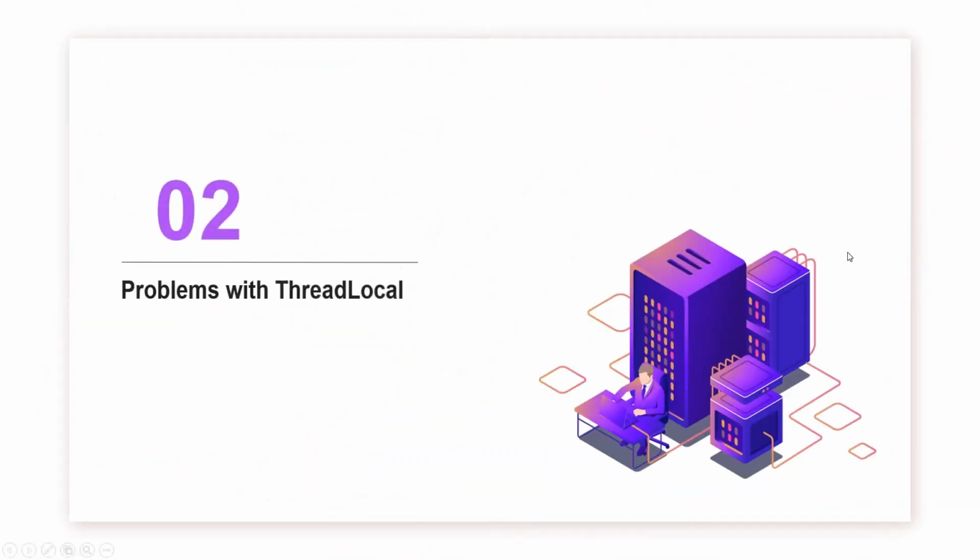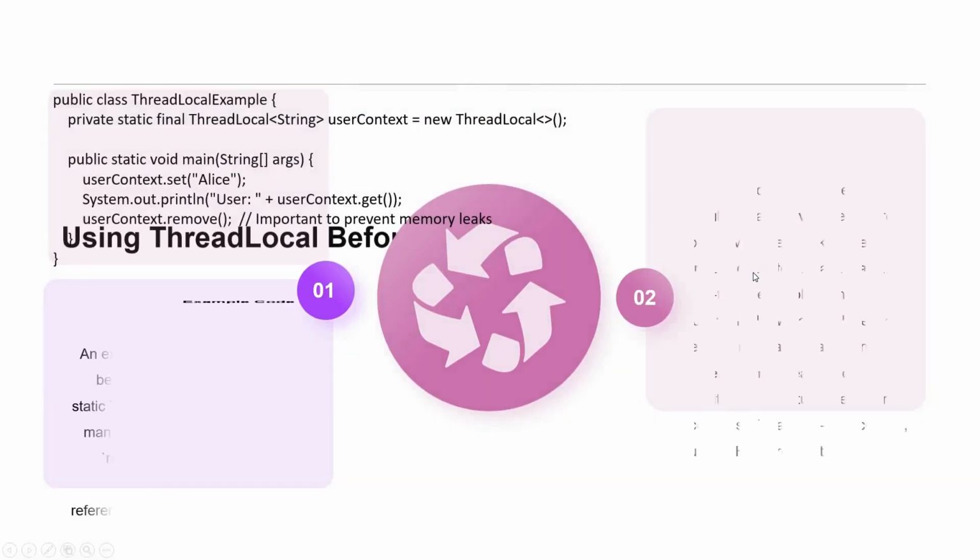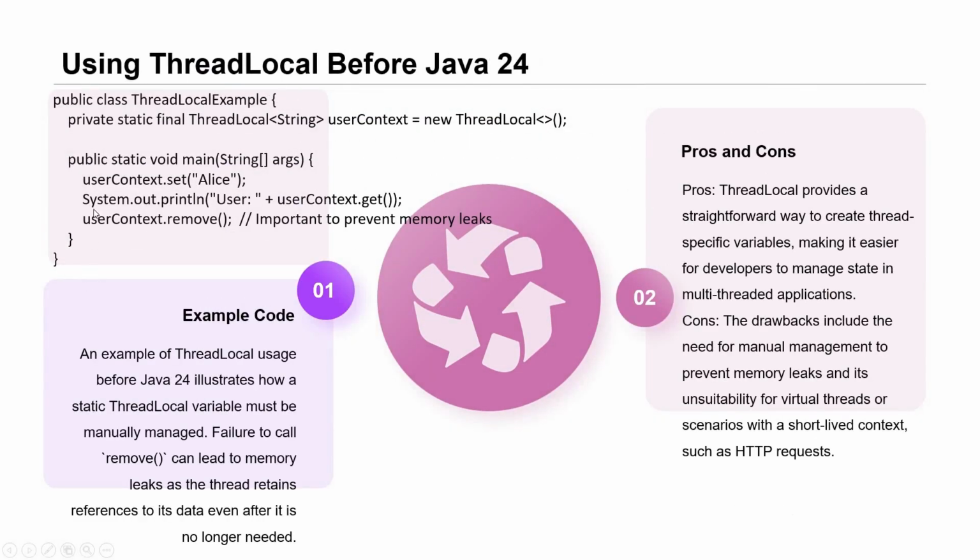Next we will talk about what problems we may face with the ThreadLocal. Okay, so now let's see one example.